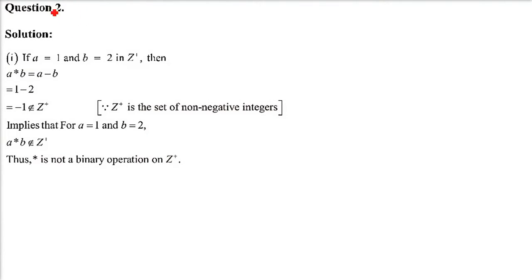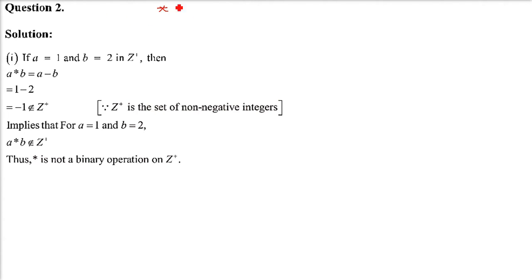Now the next question is question number 2. Determine whether or not each of the definitions of star, that is the operation, given below gives a binary operation. In the event that star is not a binary operation, give justification. The first part we have already done, question number 1, which had around 7 parts.